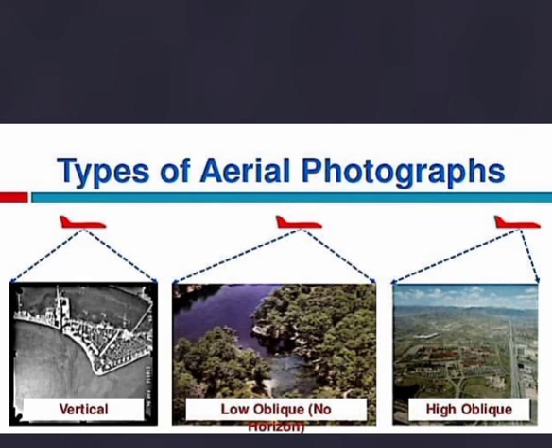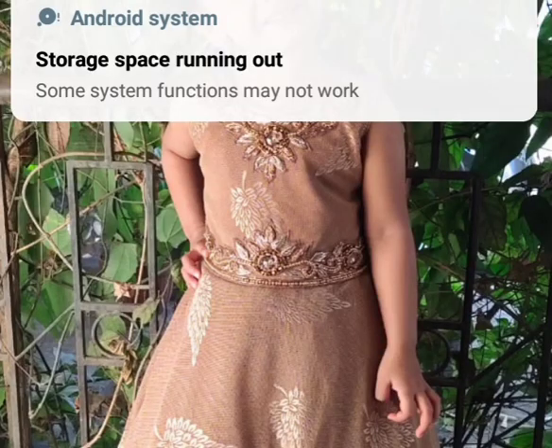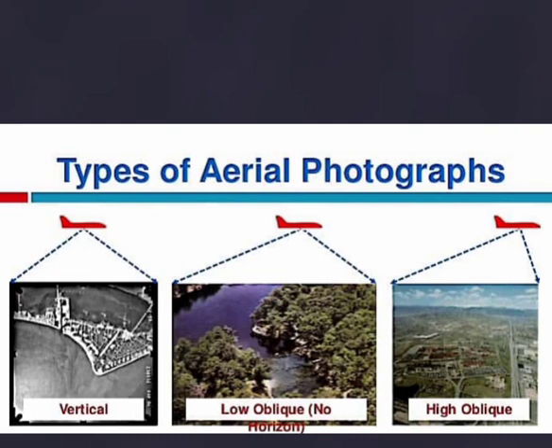And then based on the film used, filters, and photographic equipments, you can have panchromatic photographs, infrared photographs, then color photographs, color IR photographs, then thermal imagery, radar images. And then based on the lens system, you'll be having single lens and multiple lens system.